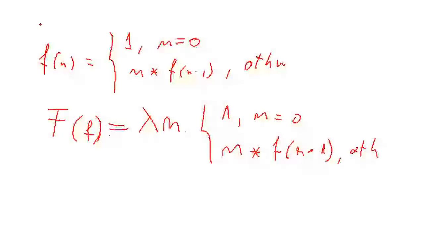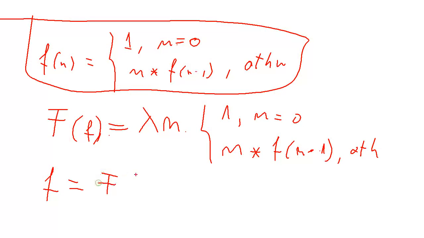So looking at this, might it be the case that I'm trying to solve f equals F applied to small f? Might it be possible that we're trying to solve a fixed point equation?